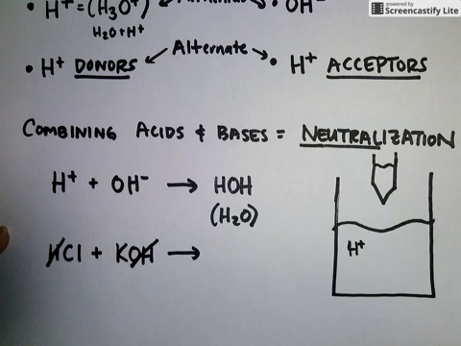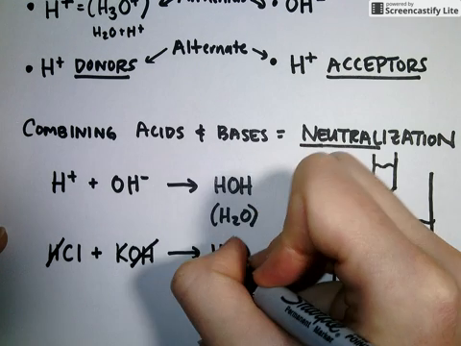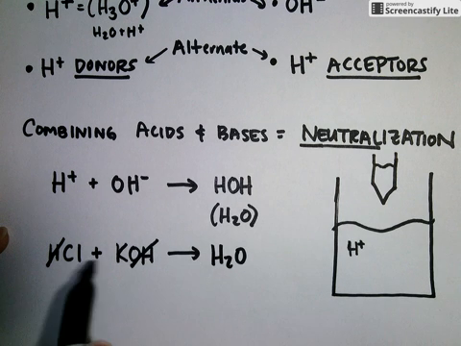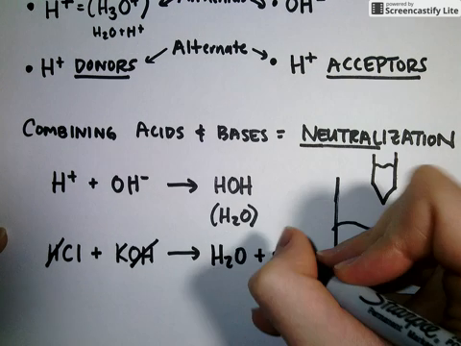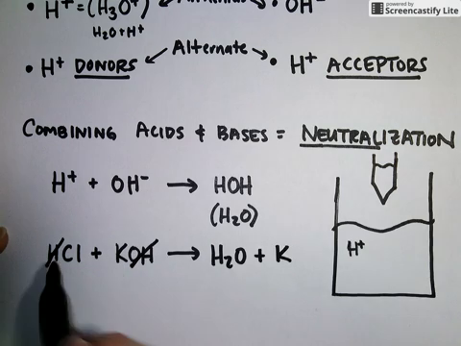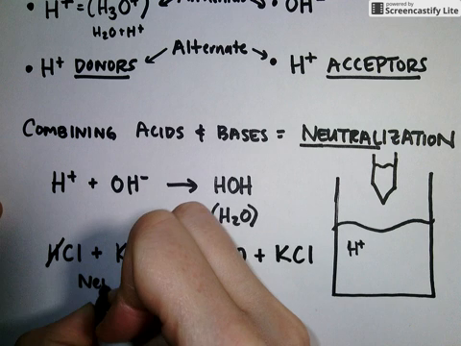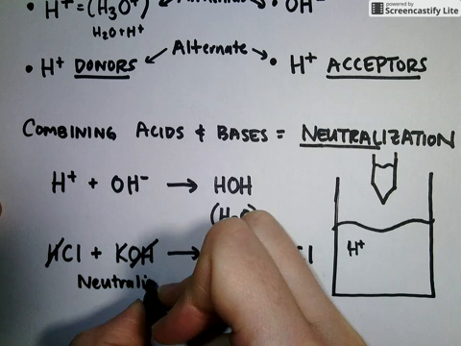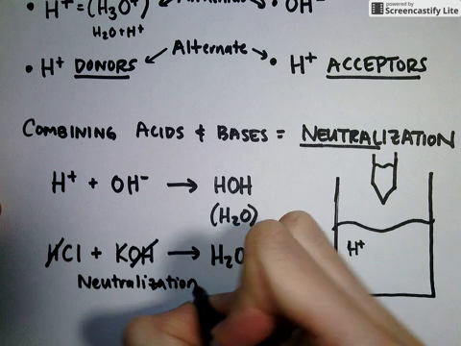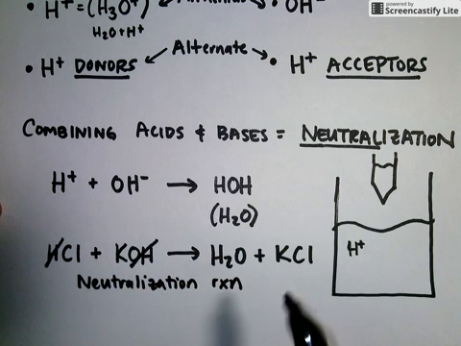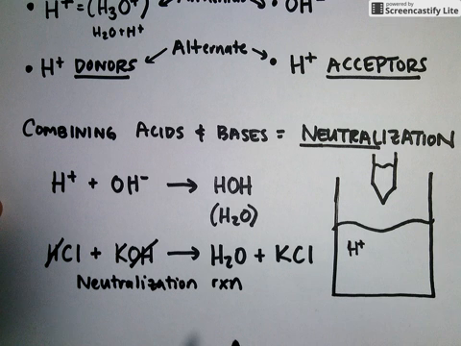When those two hit each other, we produce H2O. Our second product is whatever salt gets left over. In this case, we've got potassium and chlorine, which combine to form potassium chloride. This is called a neutralization reaction because we've taken something that was very acidic and very basic, and by combining the two, created neutral products.